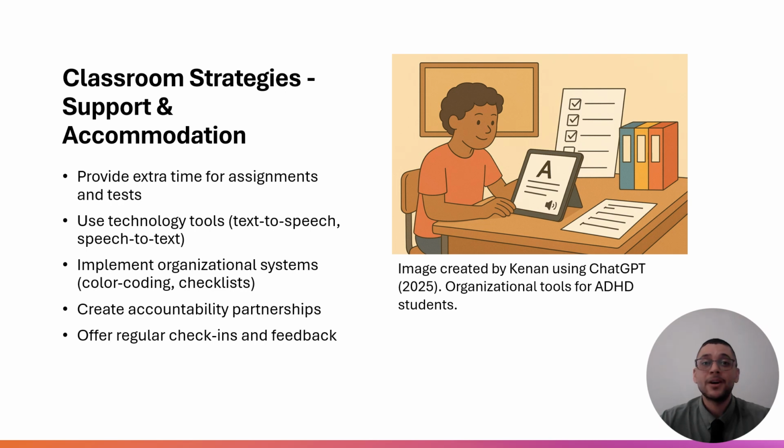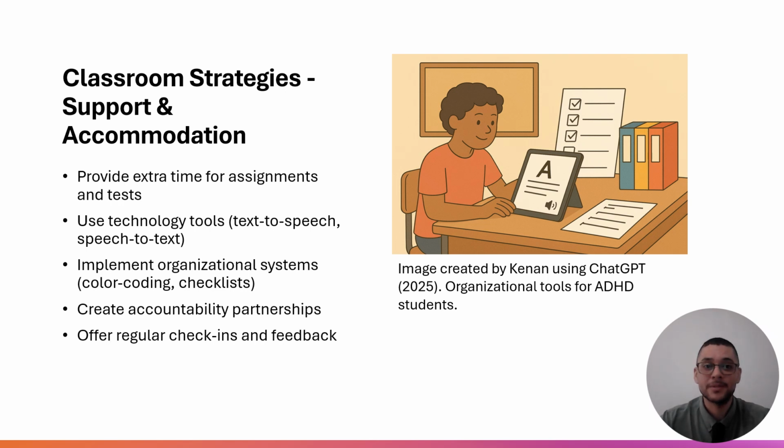Additional support and accommodations can make a tremendous difference for students with ADHD. Providing extra time for assignments and tests reduces anxiety and allows them to demonstrate their true knowledge. Technology tools like text-to-speech or speech-to-text software can bypass challenges with reading or writing. Implementing organizational systems such as color-coding subjects or using checklists helps compensate for executive functioning difficulties.